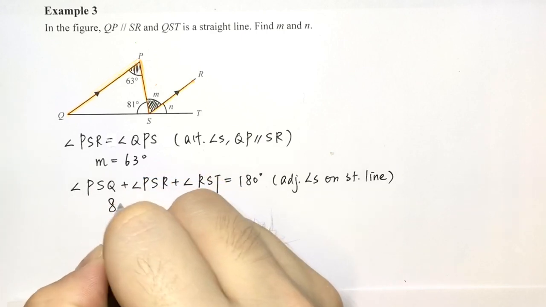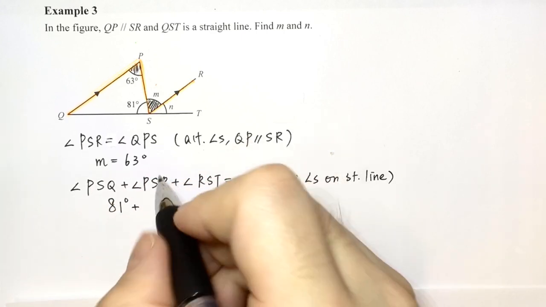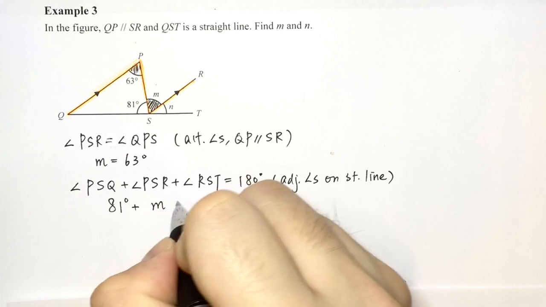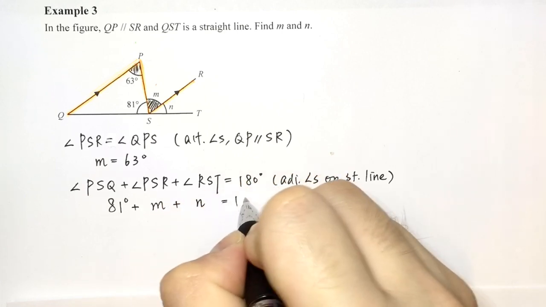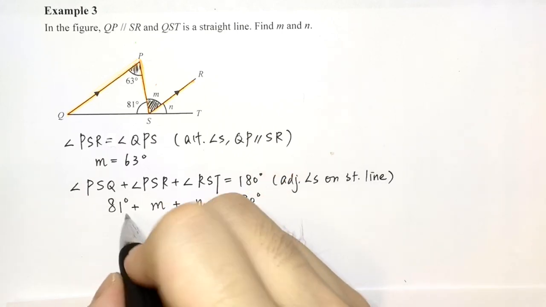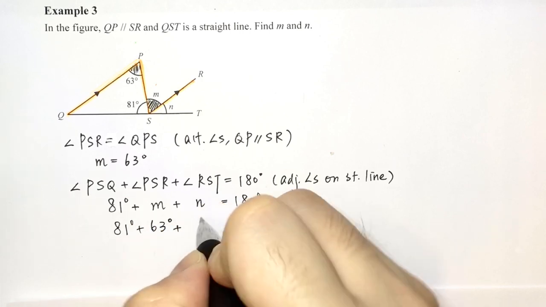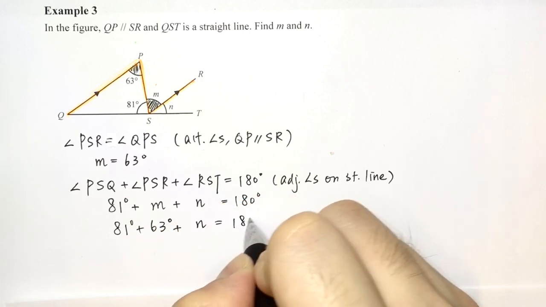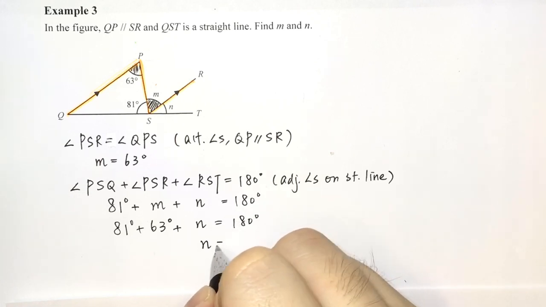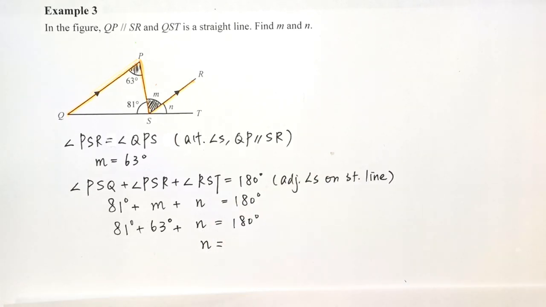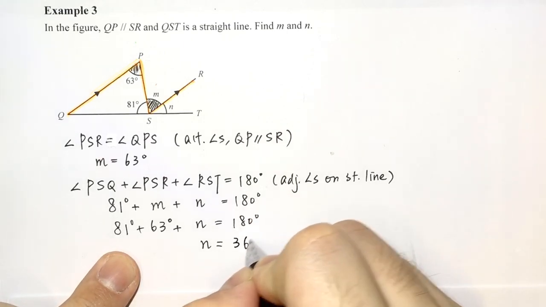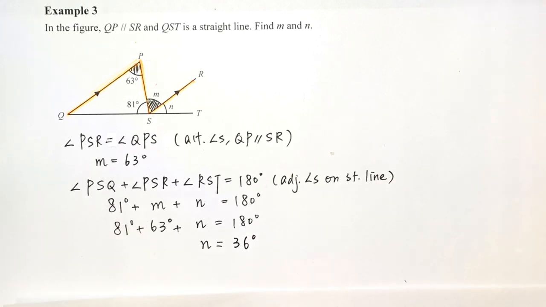And replace with 81 degrees, M and N. Then you will know it is 81 plus 63 degrees plus N is 180 degrees. So you can find N by 180 minus 144, that is 36. Okay.